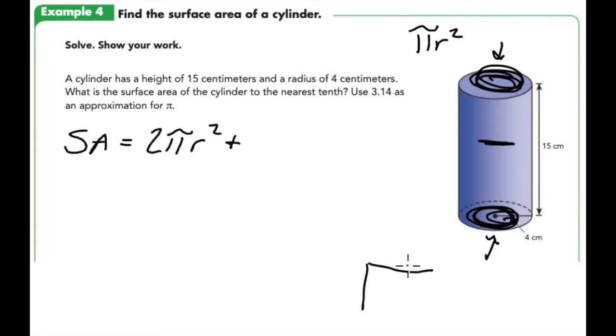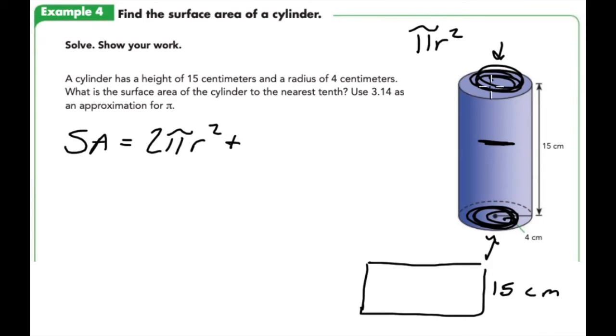We would have a rectangular curved surface, and this rectangular curved surface would be 15 centimeters high, and the length would be the circumference of this circular figure up top.